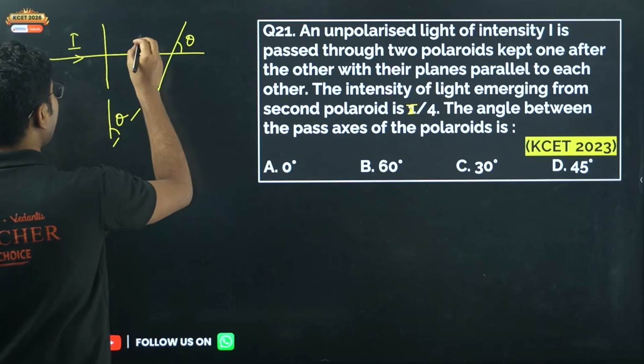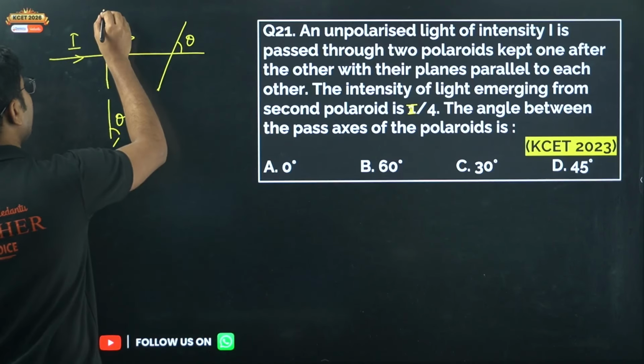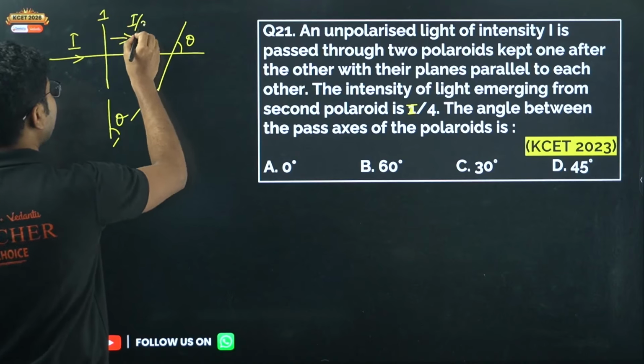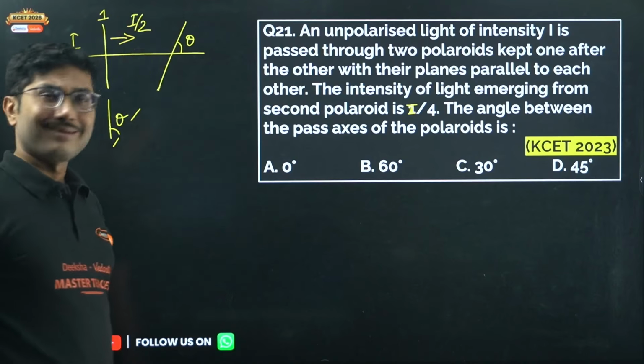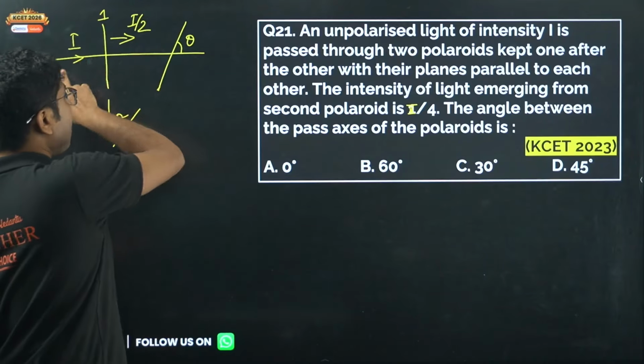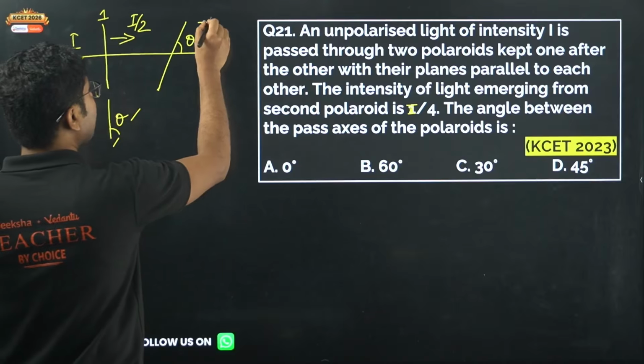First of all, what will be the intensity of the light after it passes through the first Polaroid? It will directly be I by 2. Clear? It will always be the case, no matter what the question is, that unpolarized light passing through a Polaroid has its intensity halved. What about this one?